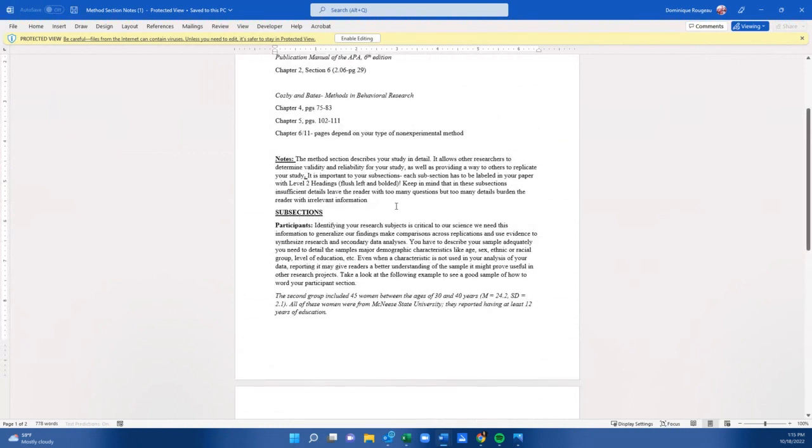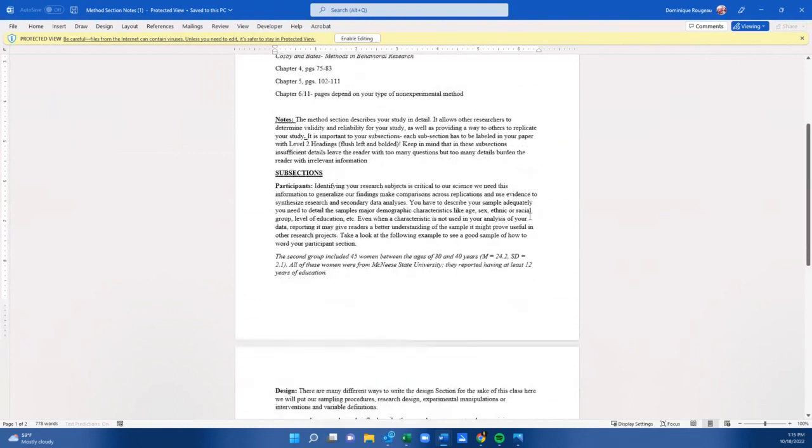It pretty much describes your study in detail. Honestly, it will allow other researchers to really make a decision on validity and reliability for your study. It also provides people a way to replicate your study, just like you are probably replicating somebody else's study.